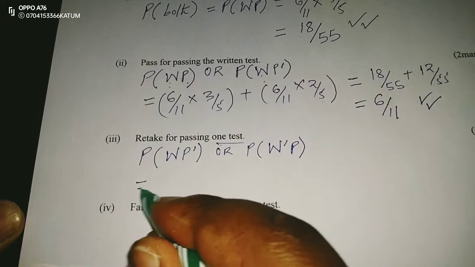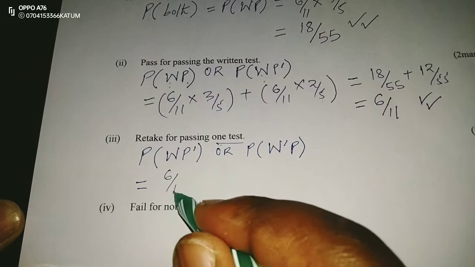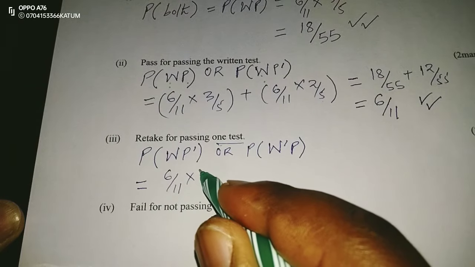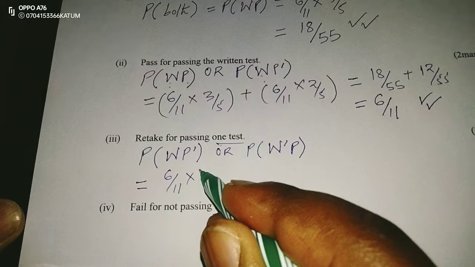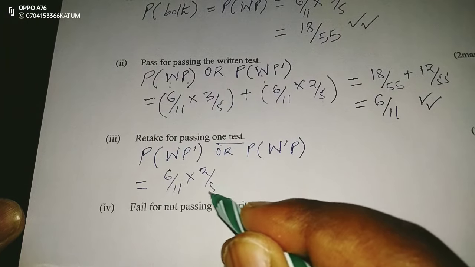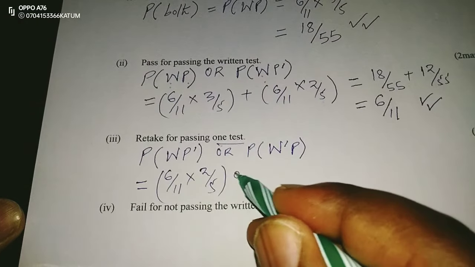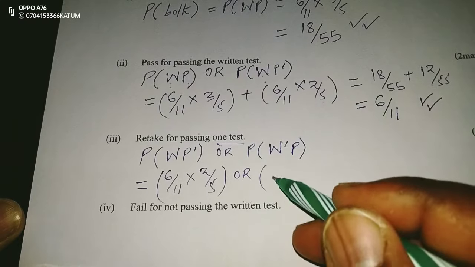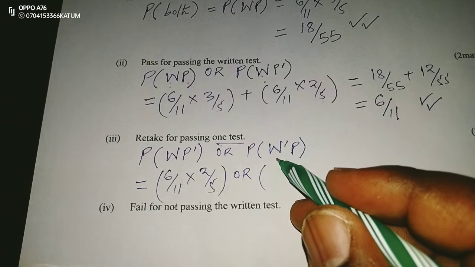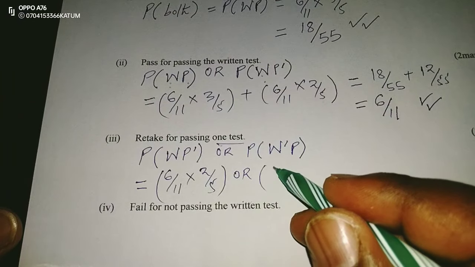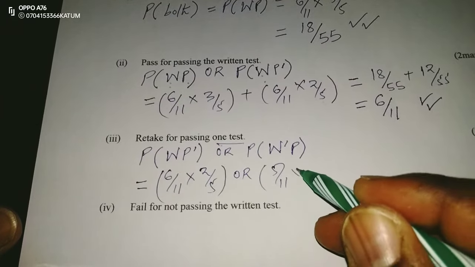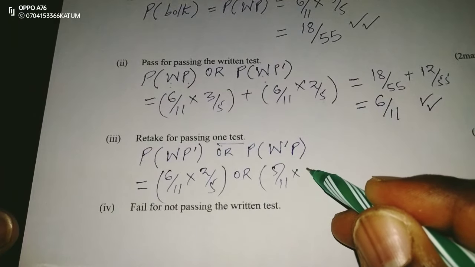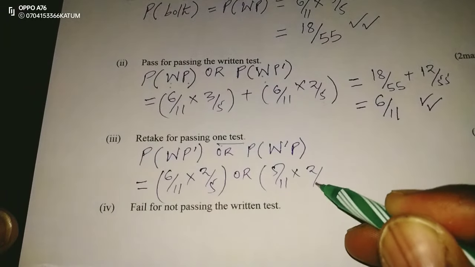So when we substitute this, we're going to have 6 out of 11 times 2 out of 5, or failing in the written, which is 5 out of 11, but you pass in the practical, which is 2 out of 7.